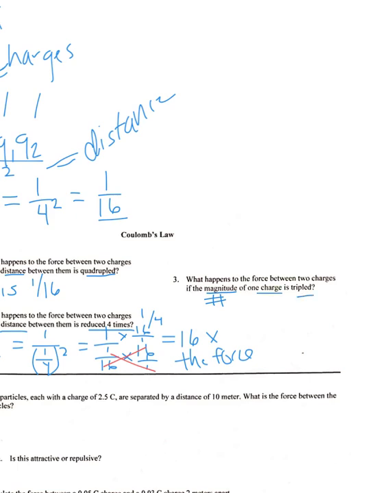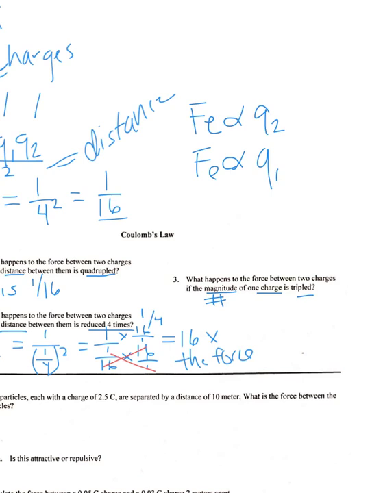So on the other side of this, we said F is proportional to 1 divided by r squared, but it's also proportional to Q1, charge 1. Fe is also proportional to Q2. Same thing as what we did for the distance: you're going to plug in how the charge is changing into that proportionality.